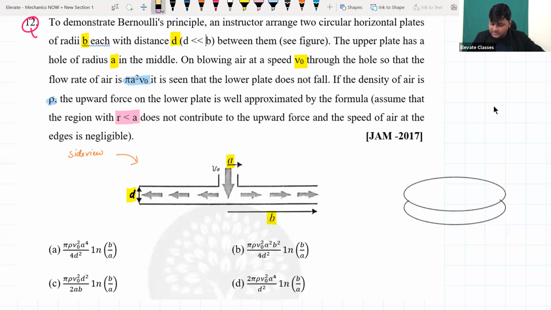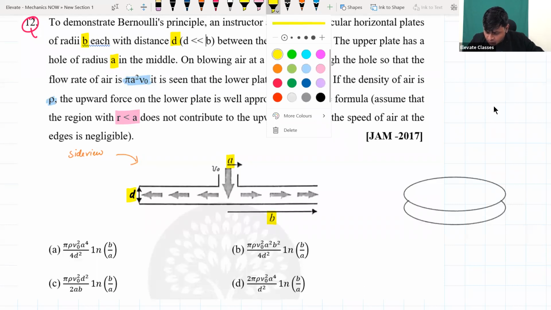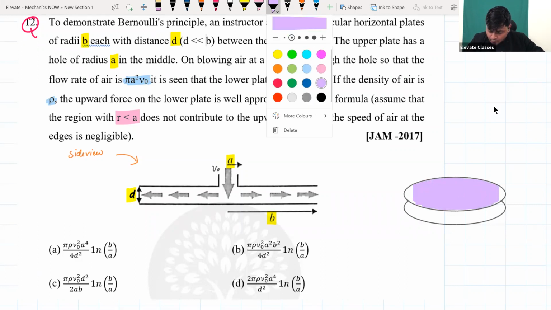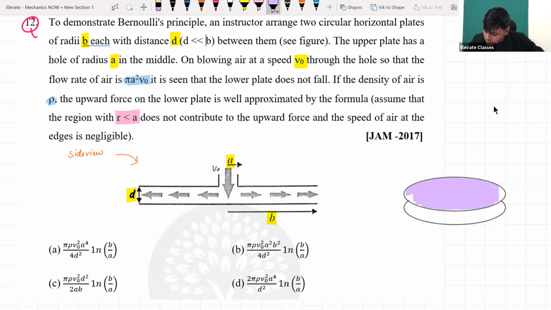So these are two plates. One is this plate, and then there is this other plate.